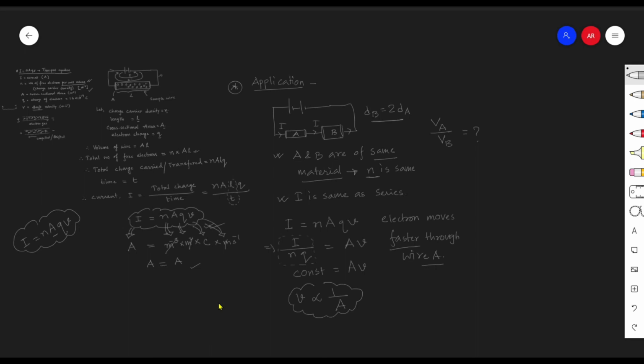So VA divided by VB, how to find it out, given that wire B has twice the diameter of wire A.